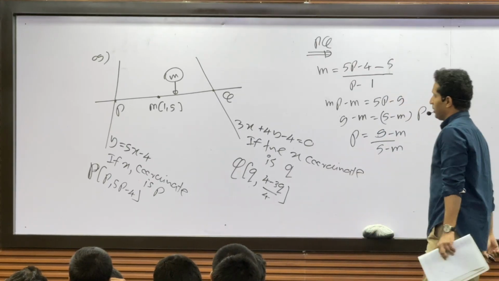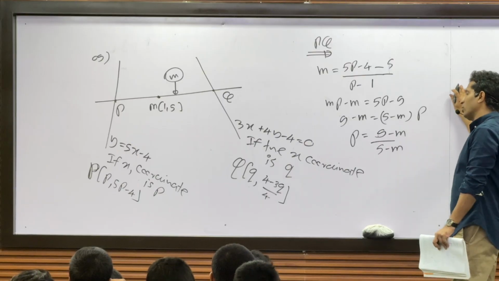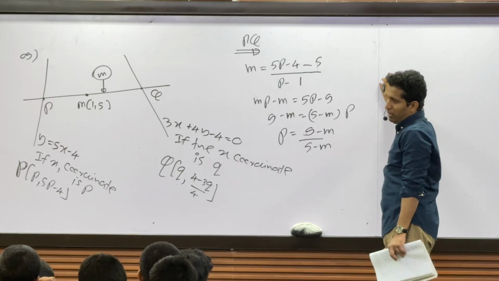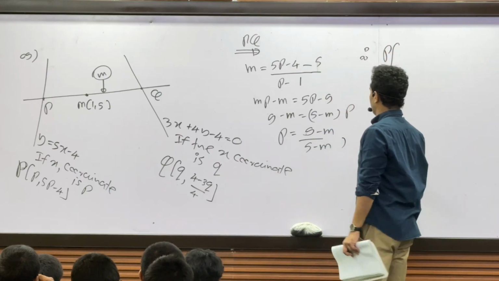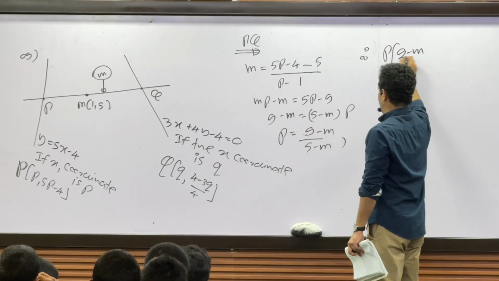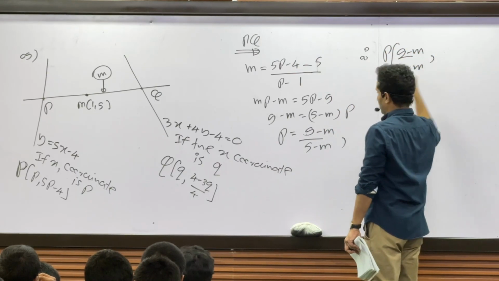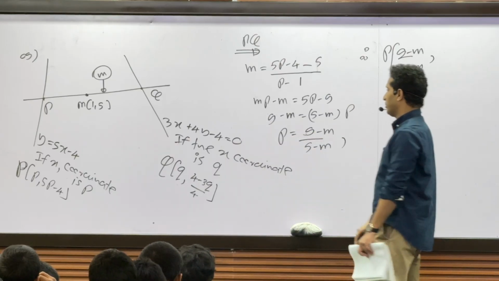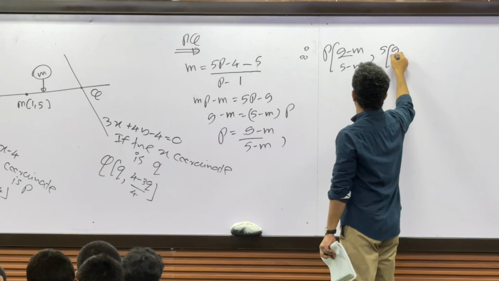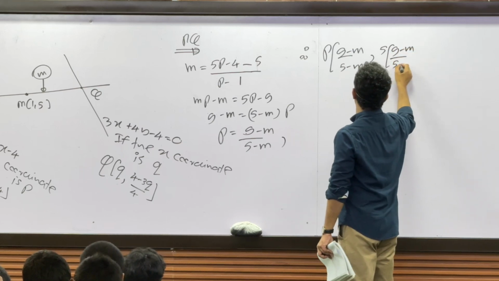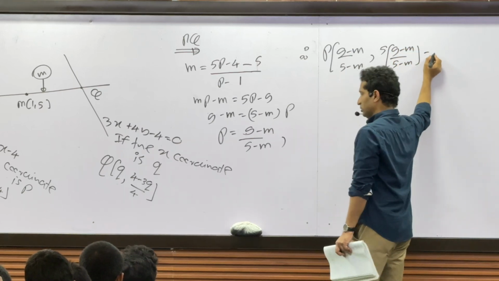Then this is the x coordinate of P, and the y coordinate is 5p minus 4. Therefore p equals (9 minus m) over (5 minus m), and the y coordinate is 5 times (9 minus m) over (5 minus m), minus 4.